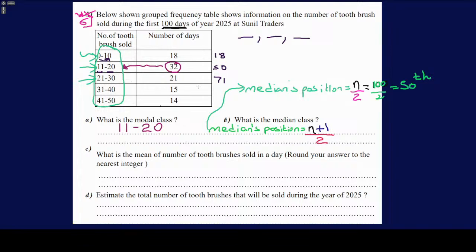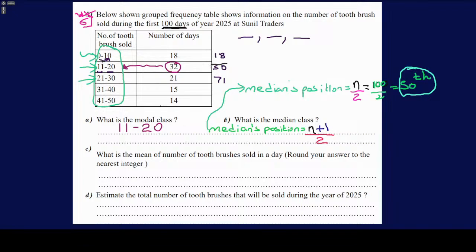Should we continue this addition? Not required. Why not? Because we are just trying to find out which class owns the value in the 50th position. So which class owns the value in the 50th position? That is the second class, the class of 11 to 20. How do I know that?